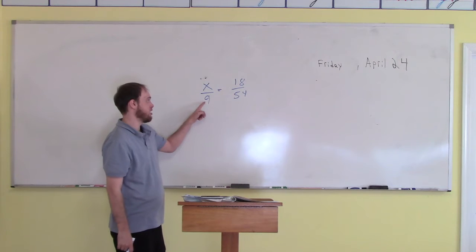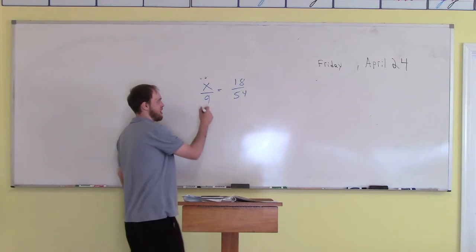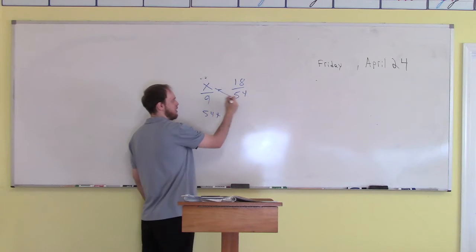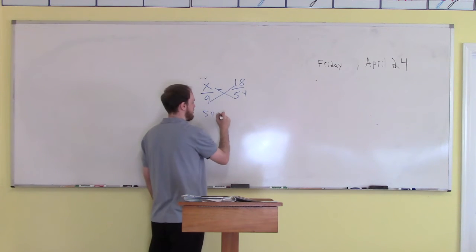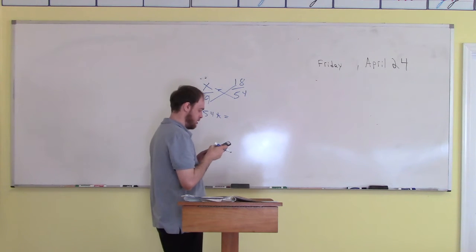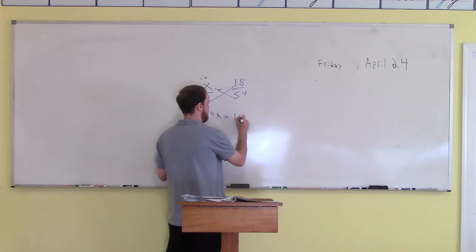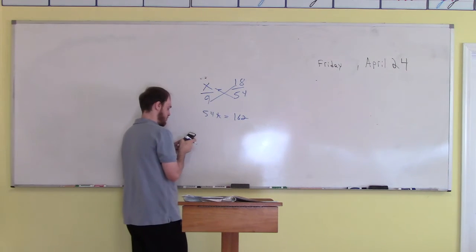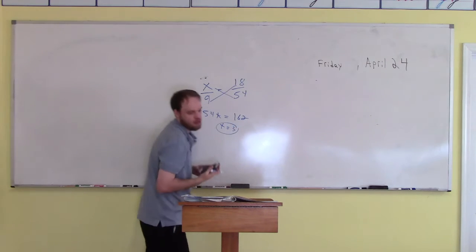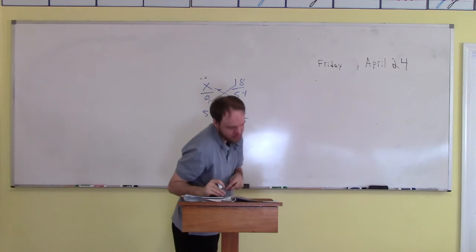So for example here, I'm just going to do x times 54, and that'll be 54x. Then I can do 9 times 18, which would be 162, and then 162 divided by 54 would equal x, so x equals 3. And so that would be number 6.